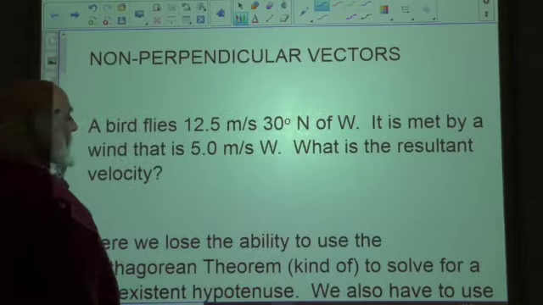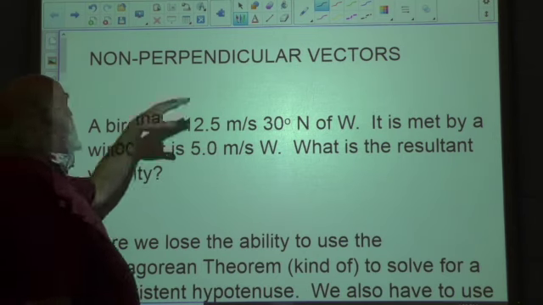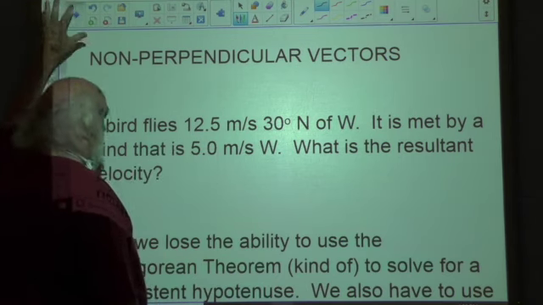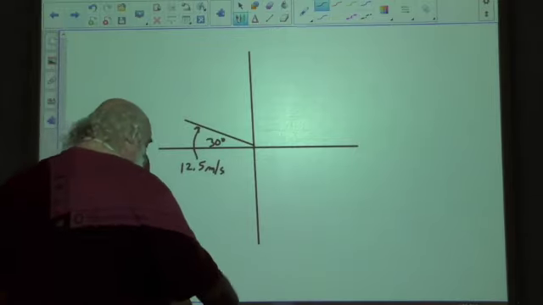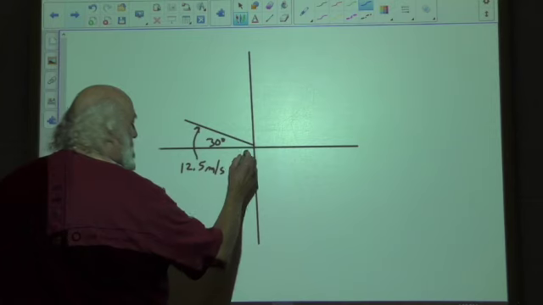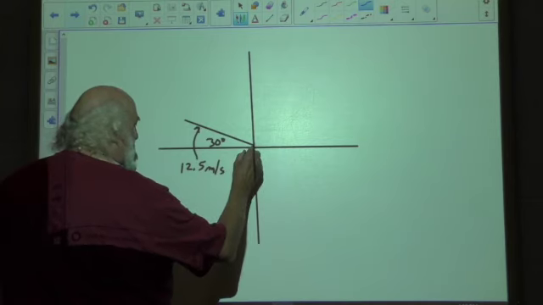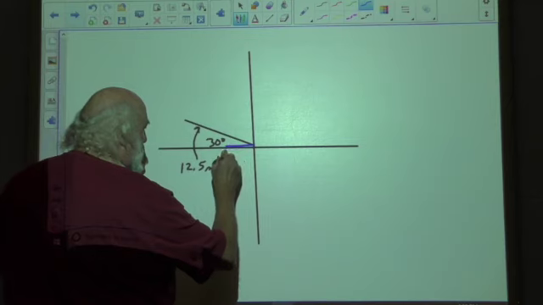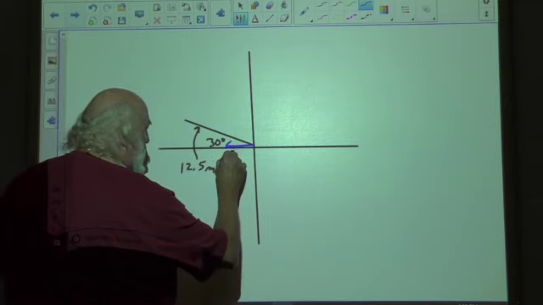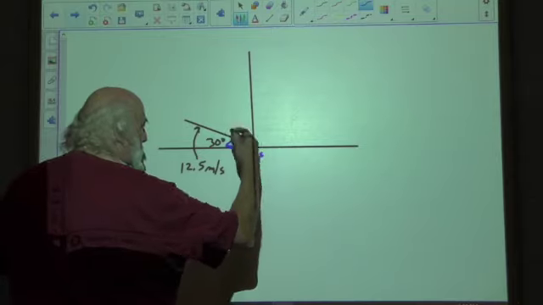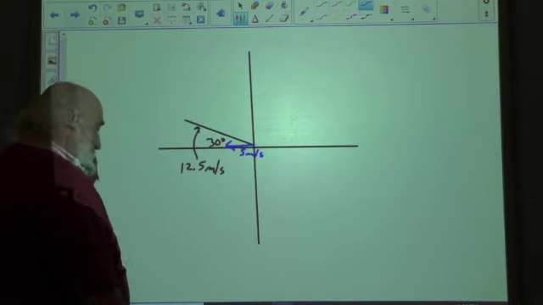All right? The second vector is 5 meters per second west. So I'm going to draw that in blue. So 5 meters per second west is going to look something like this. So this is 5 meters per second, and it's right on the axis.